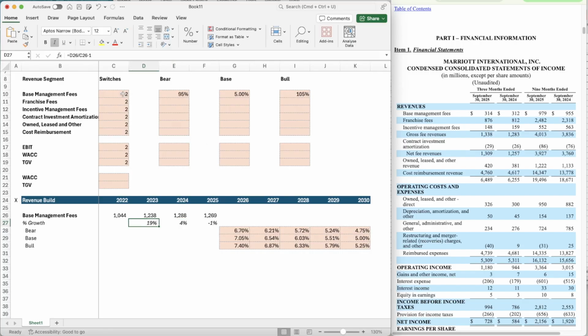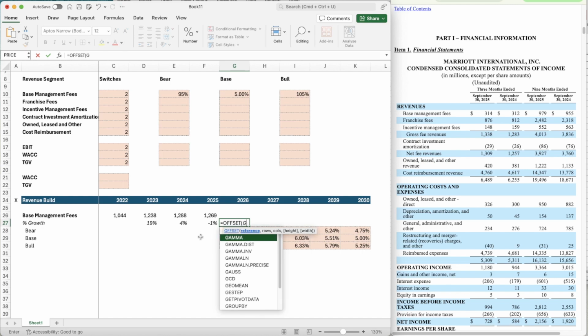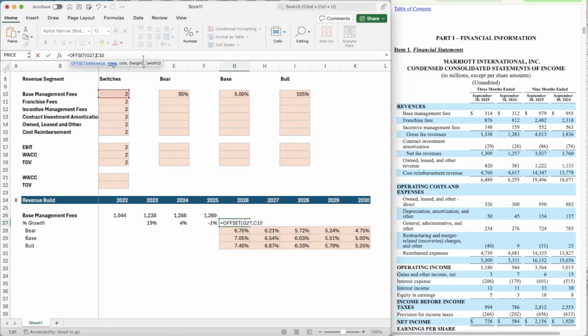And the whole point of these switches are that we can flick between all of these, so it generates different revenue forecasts. So here we just go equals, offset, then we pick the cell that we're in. In this case, it's G27, comma, the switch, which we have to lock in, comma, and put a 0 at the end, enter.